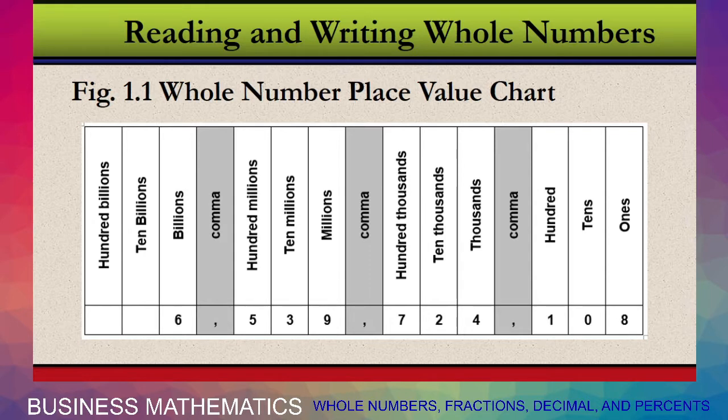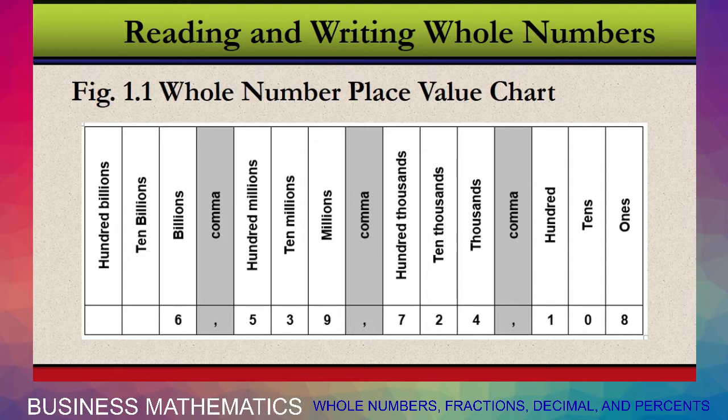Nakalagay dito ones, tens, hundreds, hanggang makaabot tayo dun sa na-reach na place value ng ating number, which is billion. Then may separate tayo ng commas every 3, simula right hanggang left. Okay?